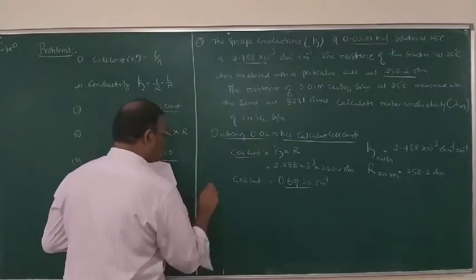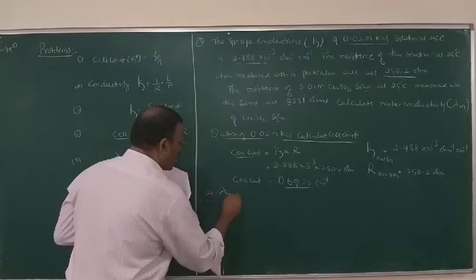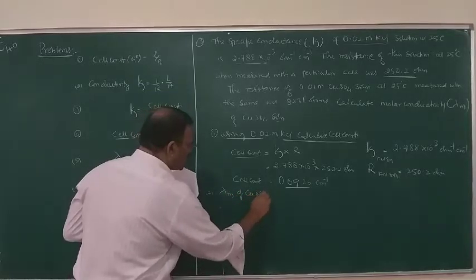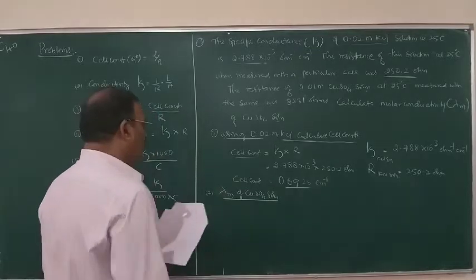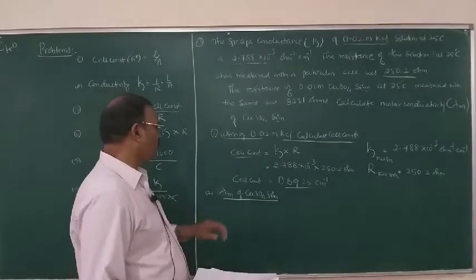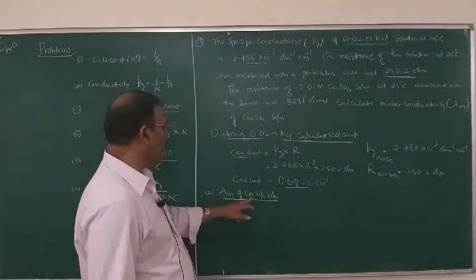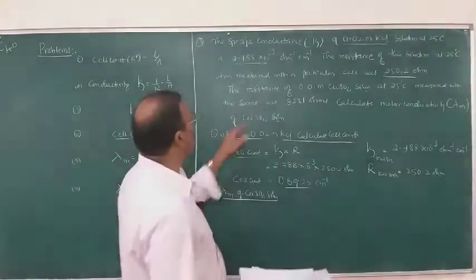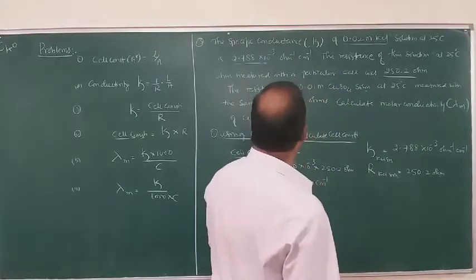And then we have to determine molar conductivity of copper sulfate solution. So for the determination of molar conductivity of copper sulfate solution, first we have to determine the specific conductance of copper sulfate solution. Resistance of copper sulfate solution is given.